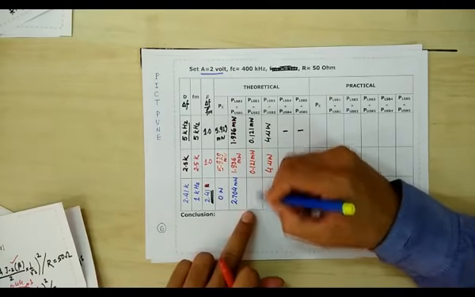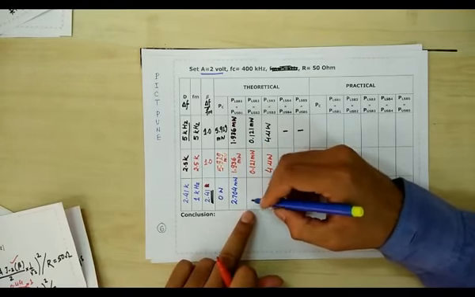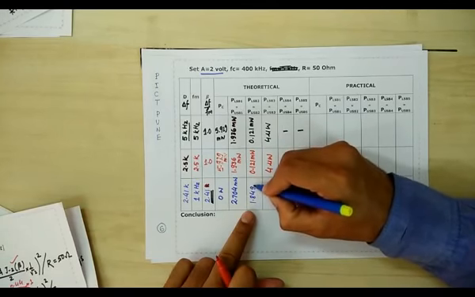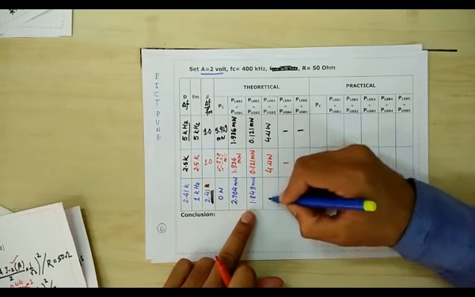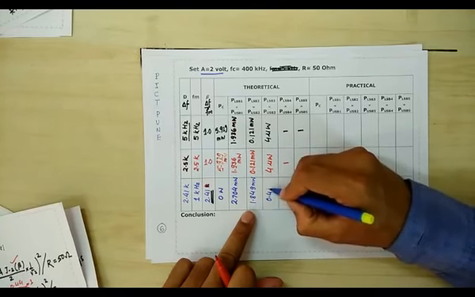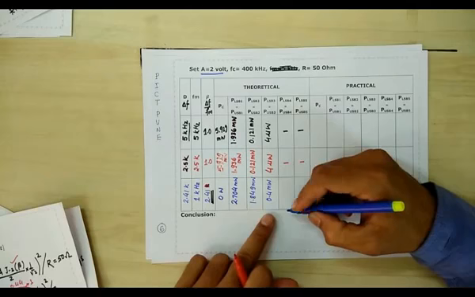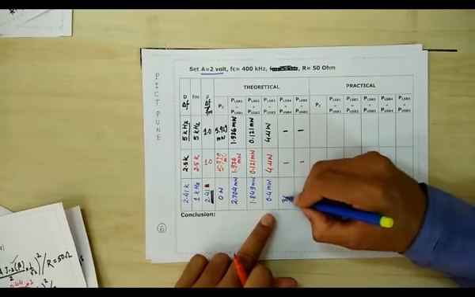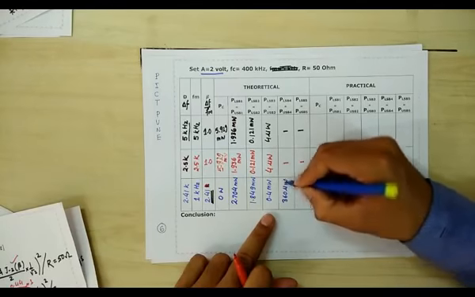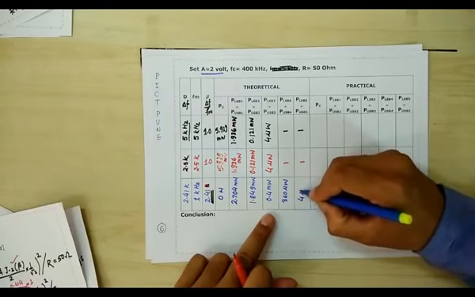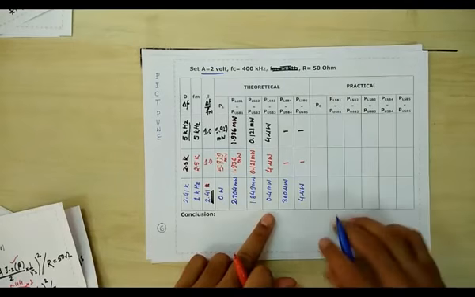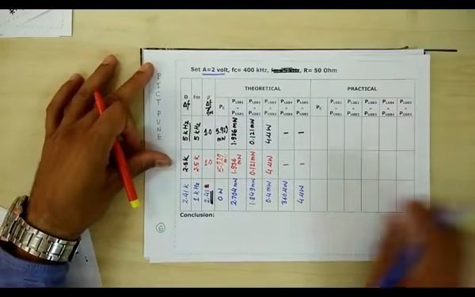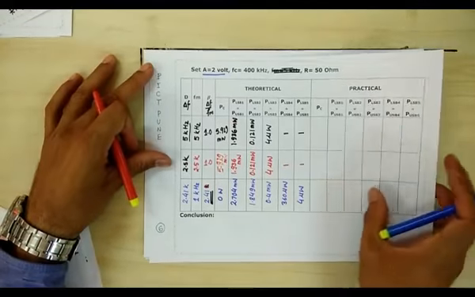In the second lower sideband or second upper sideband, the power is 1.849 milliwatt, and this is going to be 0.4 milliwatt. Third, the fourth sideband is going to be 360 micro, and it is very much negligible. This is 4 microwatt. So these are the calculated values which we have to see on the spectrum analyzer.